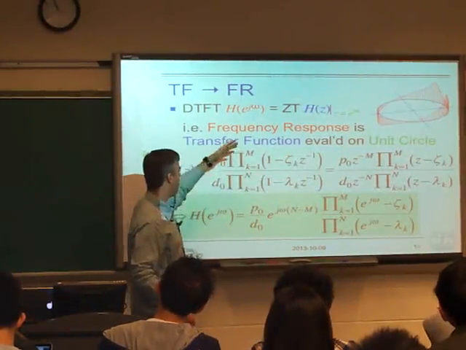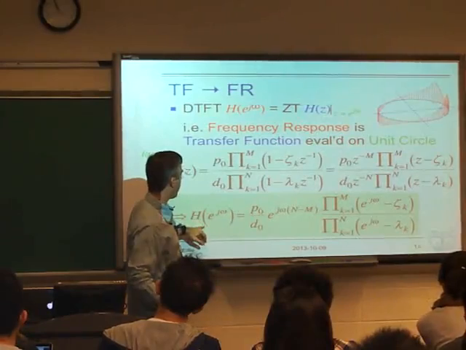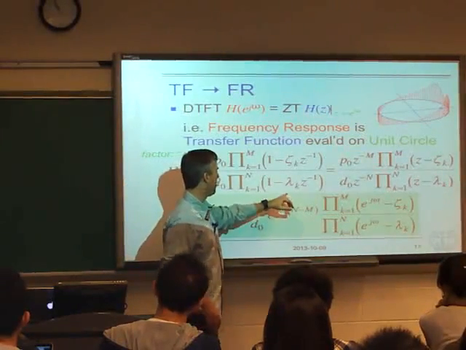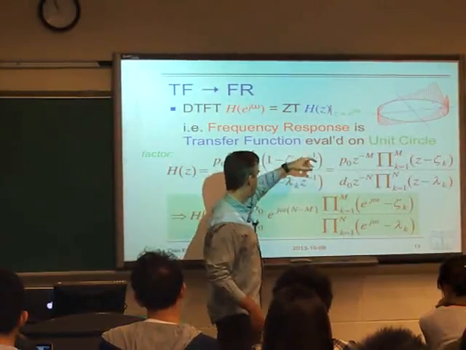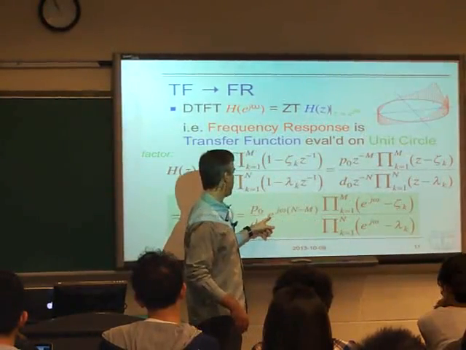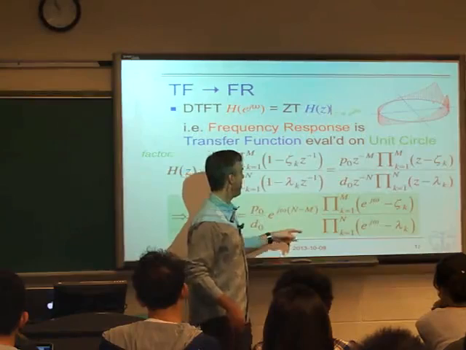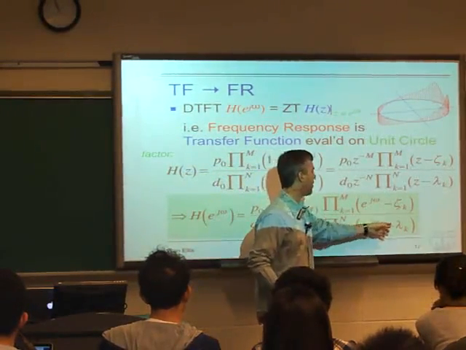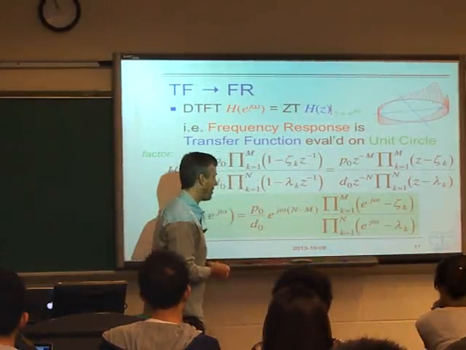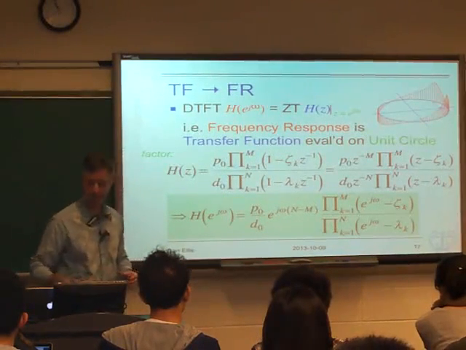If we substitute z equal e to the j omega, then H of e to the j omega is equal to this term out here, p0 divided by d0, z to the minus m minus n, which becomes e to the j omega (n minus m). And then the products of these terms, e to the j omega minus zeta, e to the j omega minus lambda, for each of the zetas and each of the lambdas. It's just substituting in.